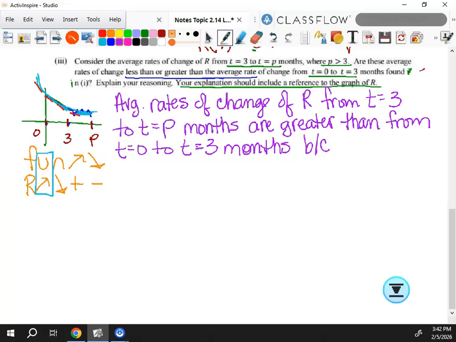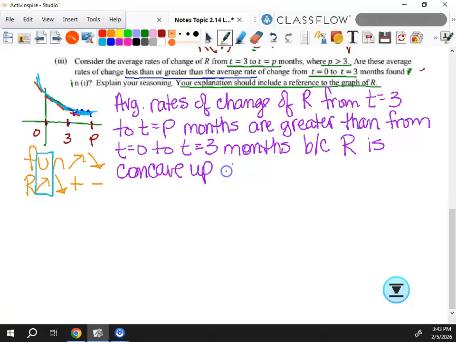It's greater. That's what it asked me for, but then I had to explain my reasoning. That's where I get the "because." R is concave up. Then we ask ourselves, is R always concave up? Yes, it is. If it wasn't, then I would need to say it's concave up from 0 to p or whatever, but it's always concave up, so I can just leave it there.